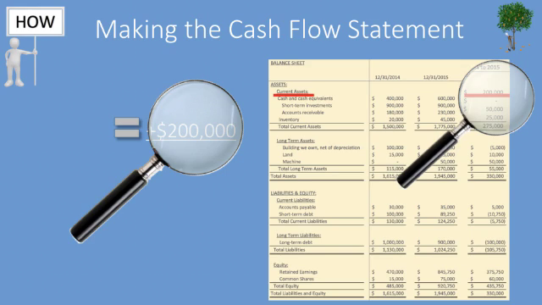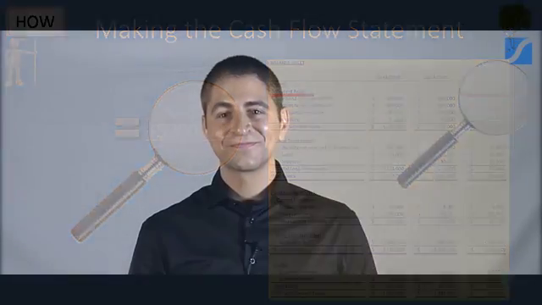How? Well, the change in cash from one year to the next at the top of the balance sheet is equal to the change in cash that we derived from the cash flow statement. Now that we understand the three financial statements and how they're linked together, what we can do is predict the future, which we'll do in the financial modeling section of this course.